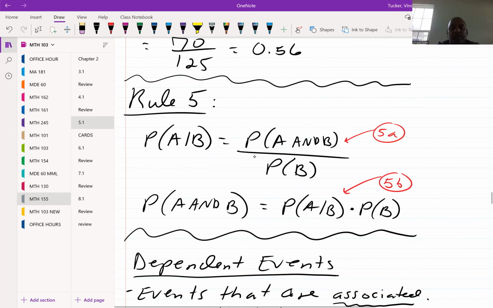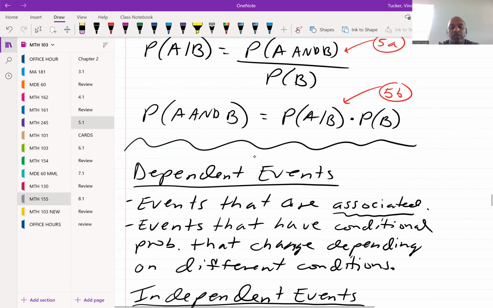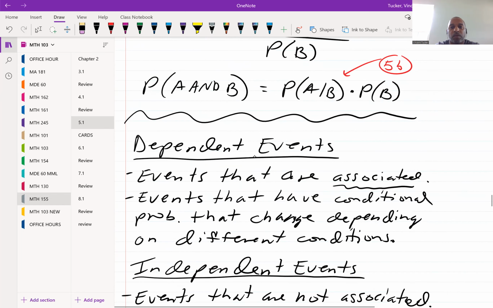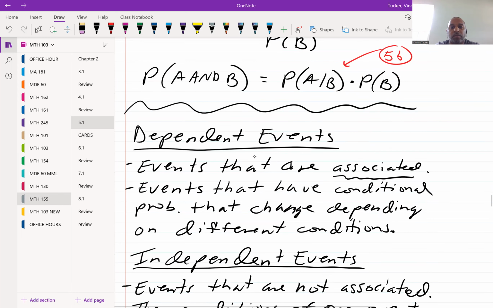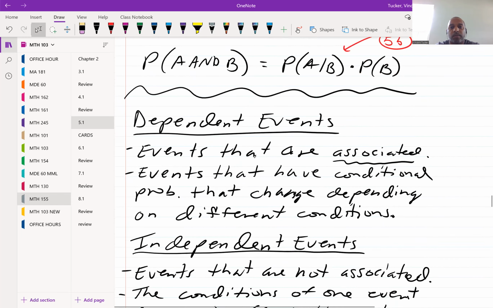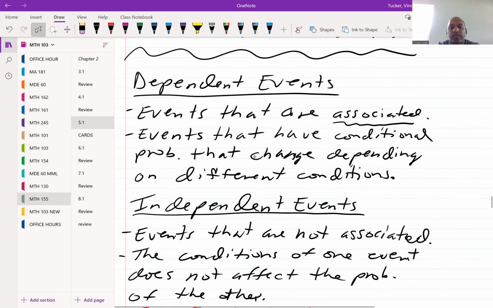All right, scrolling up. So everybody got the top? All right. So dependent events versus independent events.